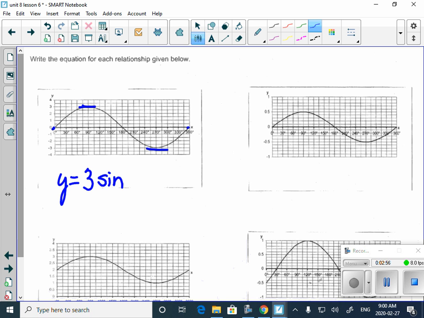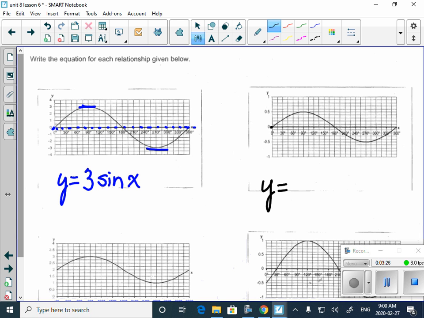It goes in the normal pattern, so it is positive 3. I notice that this thing has not been moved left or right. It does start exactly in the middle, so I don't need a horizontal translation. The last thing that I'm checking is, has this been moved up or down? It has not, because that middle line is at 0. I am finished.